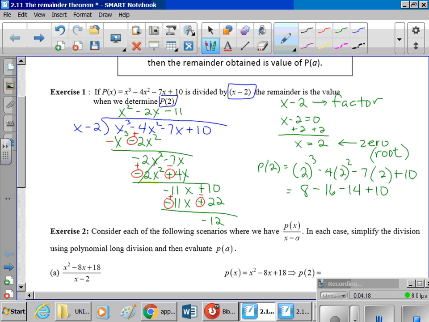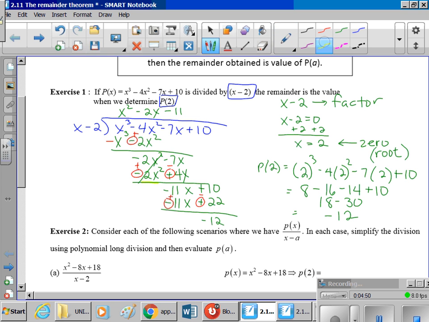Yeah, it's 18 minus 30, which is negative 12.